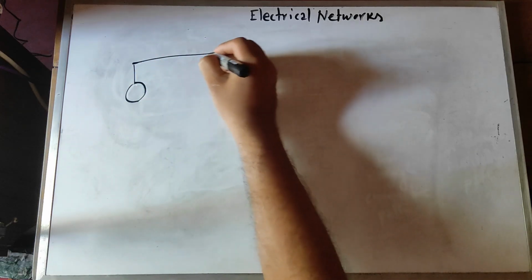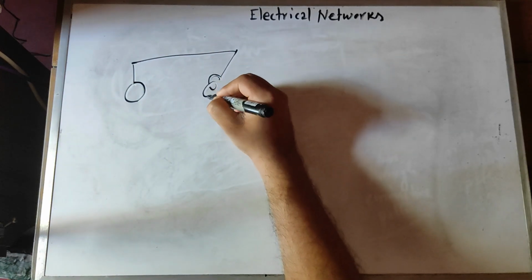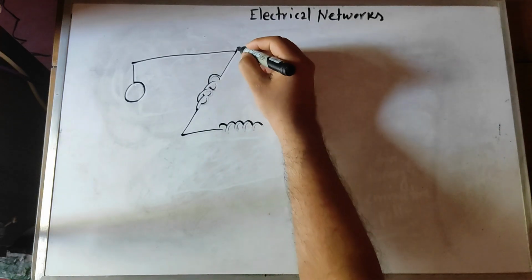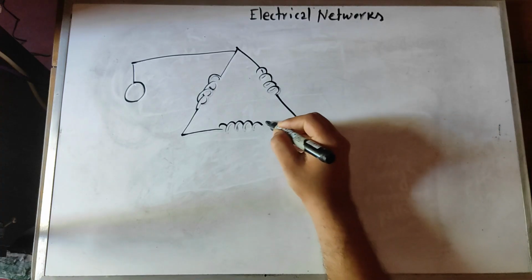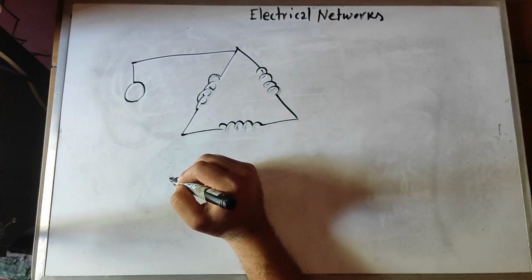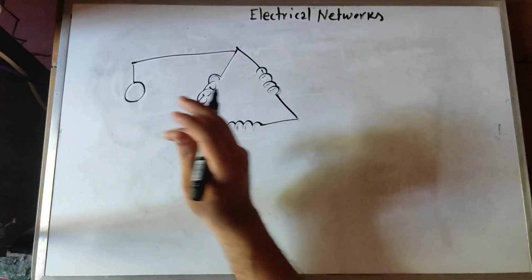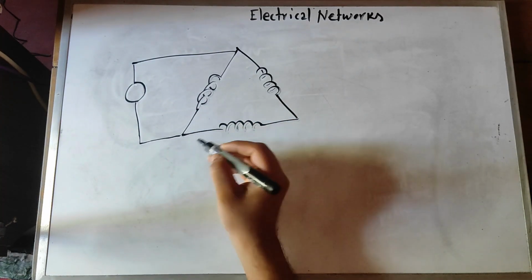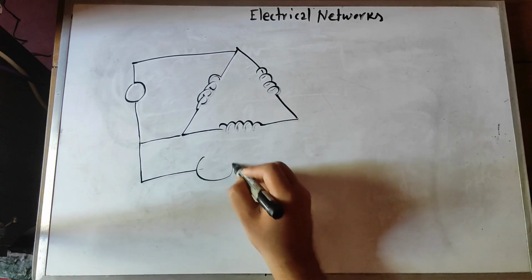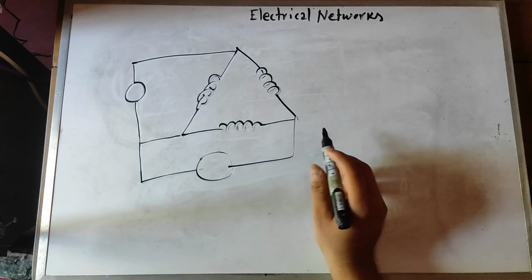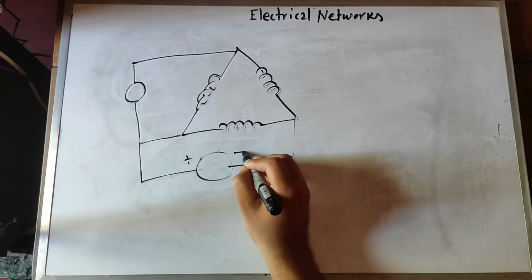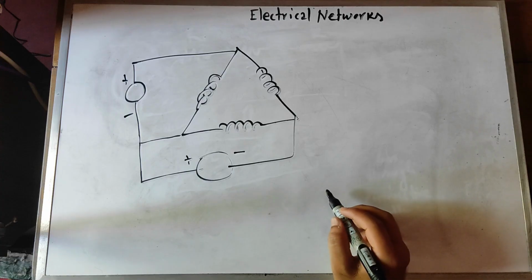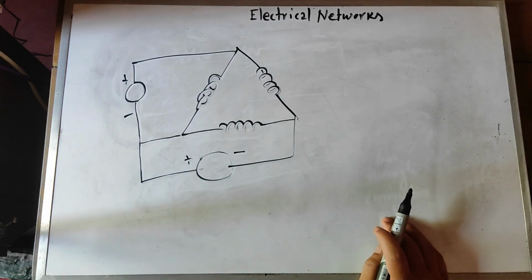Delta connection. Say we have a delta connection of inductors with voltage sources.